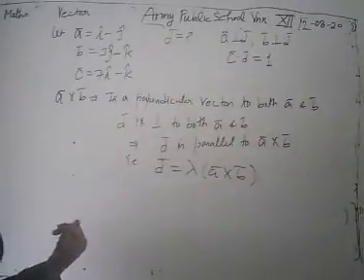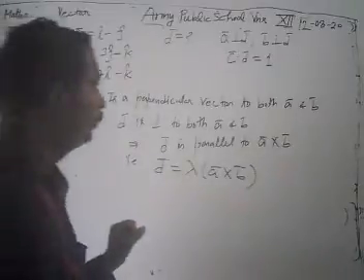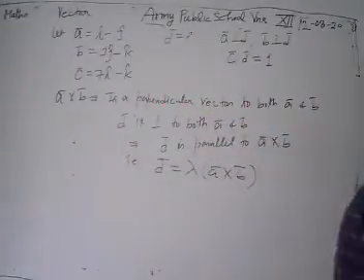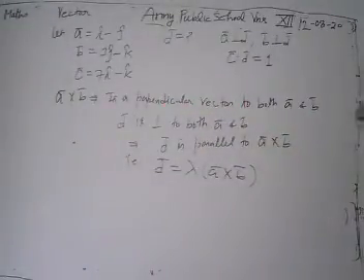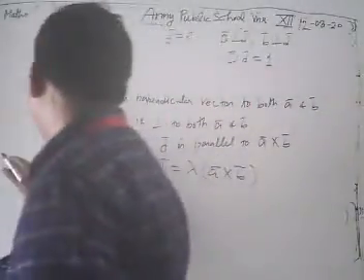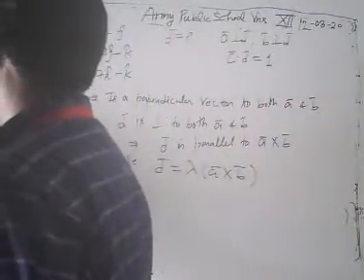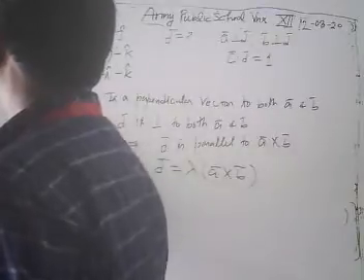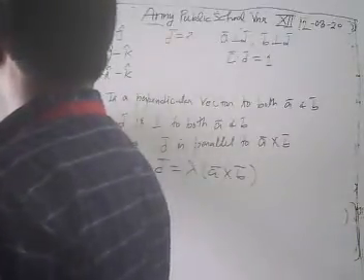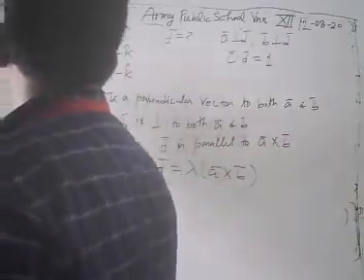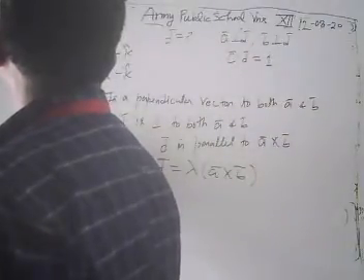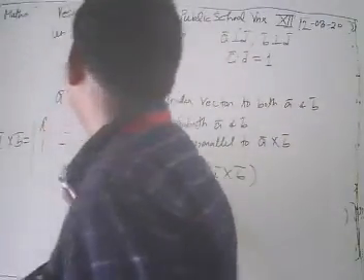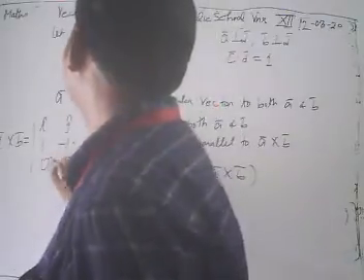Now look up. D is equal to lambda times A cross B. Then first of all we have to find the value of A cross B. How can we get A cross B? Yes, I cap, J cap, K cap. Now the coefficients: 1, minus 1, K is not there so 0. Then I cap is not there, 0.